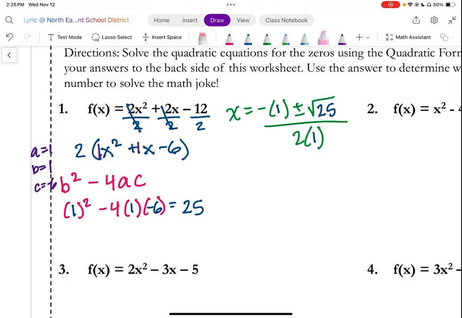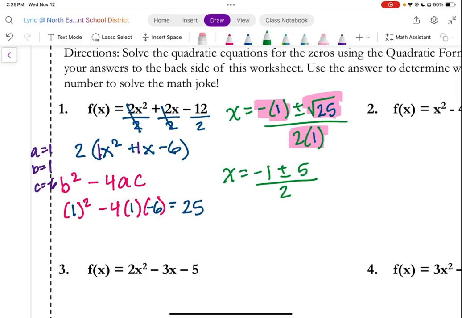Simplifying this a little bit further, we know this is going to be -1. The square root of 25, which is on our perfect squares chart up at the front of the room, is 5. And we can simplify this as well. 2 times 1 is 2. So simplifying, we have -1 plus or minus 5 all over 2.